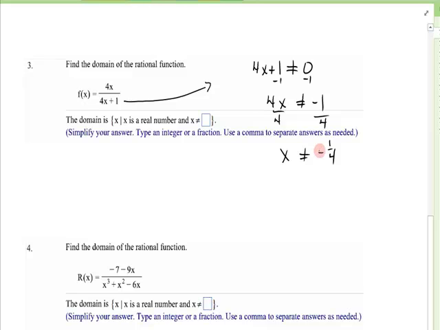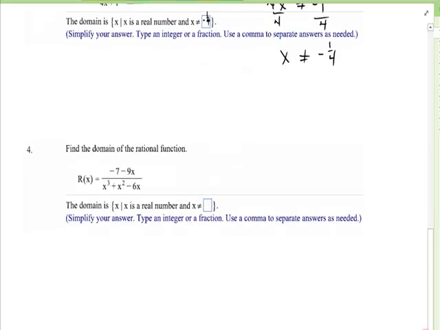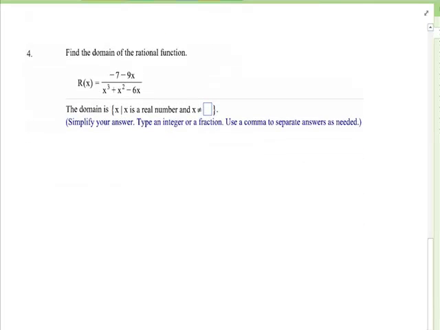And it doesn't matter whether you have the negative out in front of the 1 or in front of the fraction or even in front of the denominator 4. So negative 1/4 is the domain restriction. If x were negative 1/4, 4 times negative 1/4 would give me negative 1. Negative 1 plus 1 is 0, and that is undefined. You cannot divide by 0.